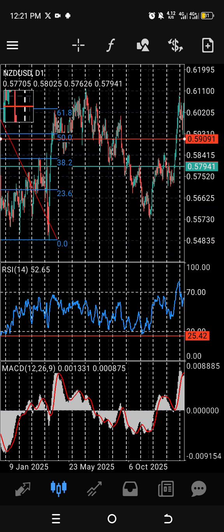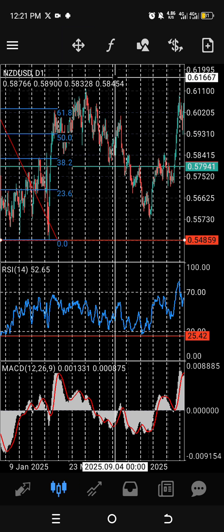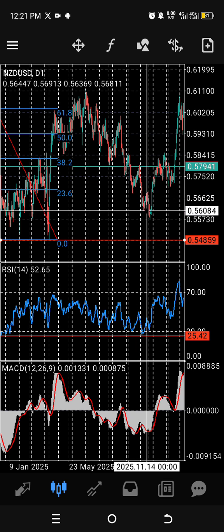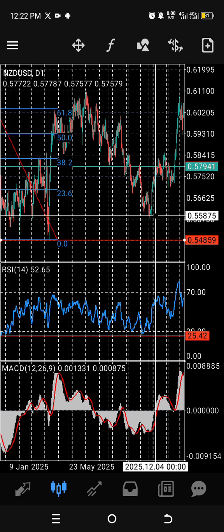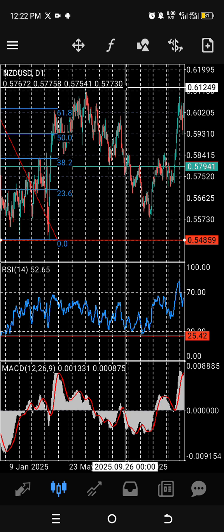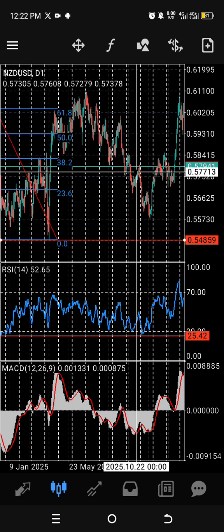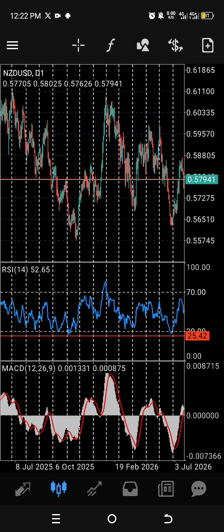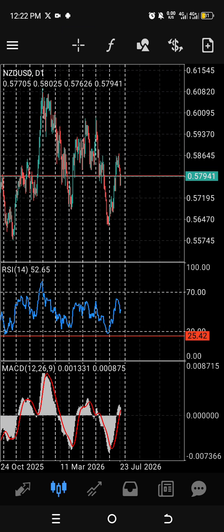But if you got a sell position from here, and the market has gotten to this level, if you start to see signals of a reversal, you can take your profit. And if you initiated a sell position from this level down to this level, I think it's not a bad trading idea. It's not a bad entry. So that's it about New Zealand US dollar.